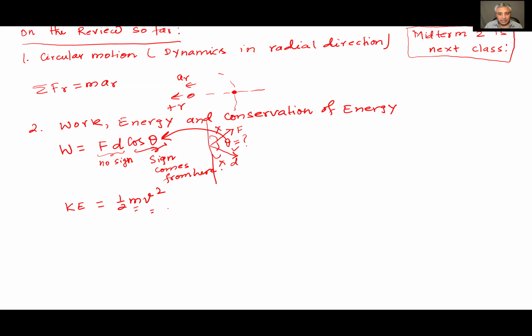But if its speed is zero, kinetic energy is zero. So that means kinetic energy appears only when something is in motion, moving. If it is at rest, no kinetic energy, but an object can have energy even when it's not moving. We call that potential energy.